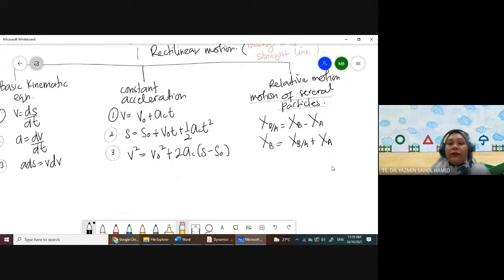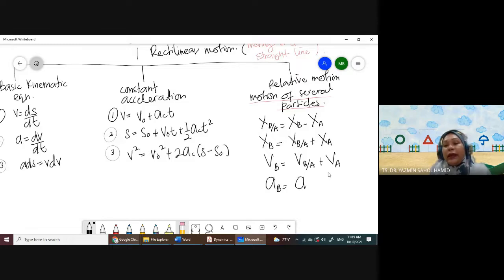If you want to find the velocity, it is the same: v_B equals v_B/A plus v_A. And the acceleration at B will be a_B/A plus acceleration a_A. Those are the formulas involved.